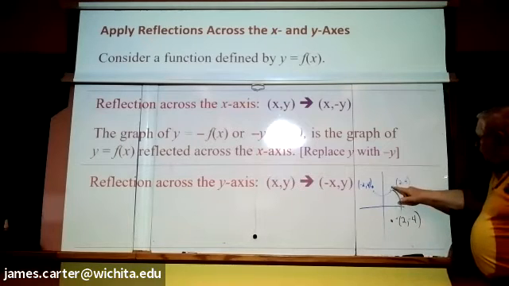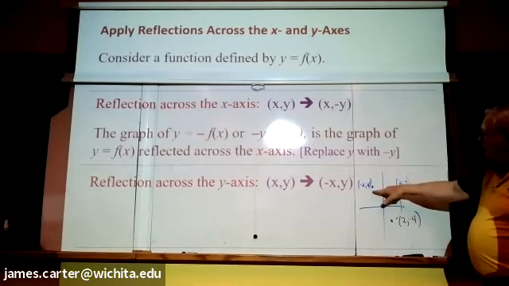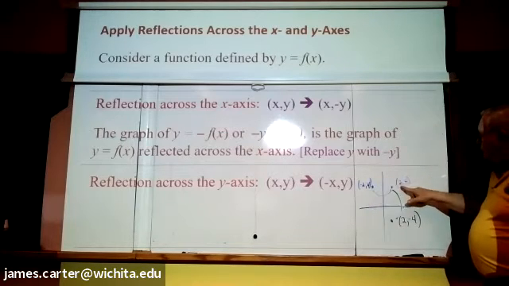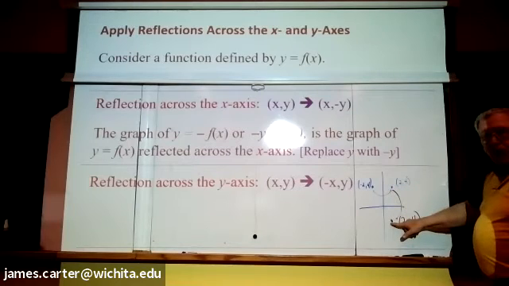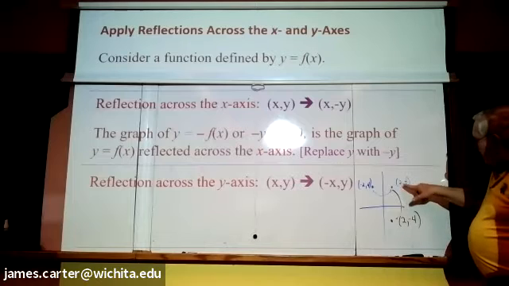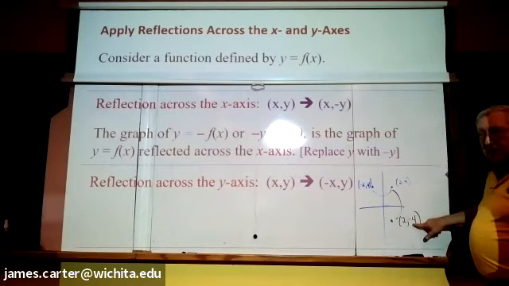So if we took this point reflected across the y-axis, the sign of the x value changes. We take this point reflected across the x-axis, then although the x stays the same, the y changes sign.